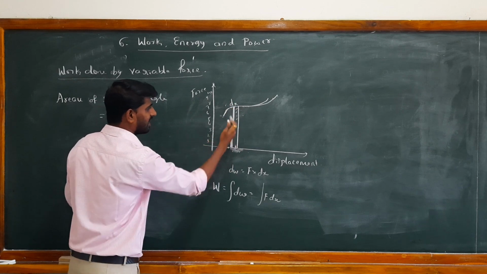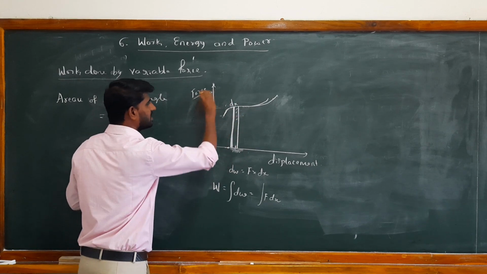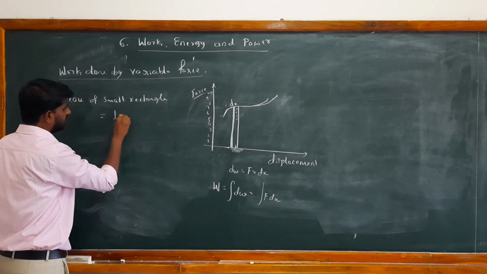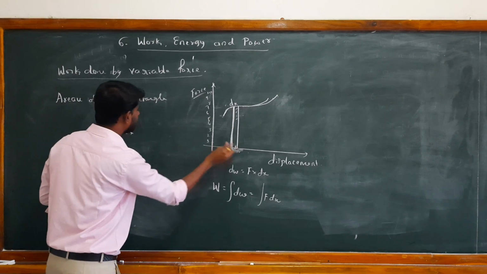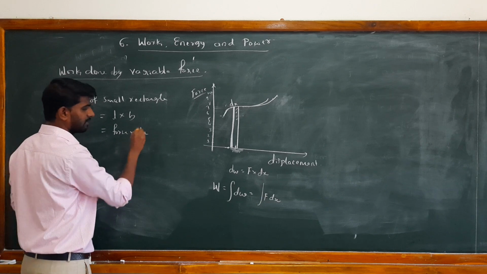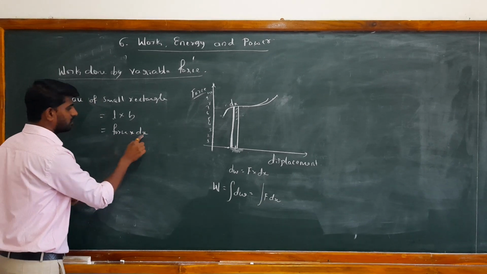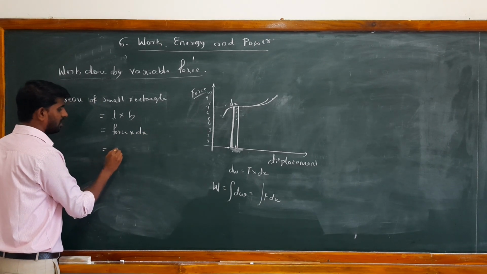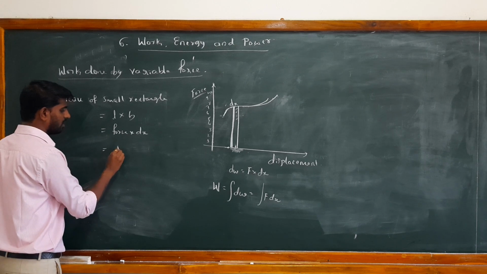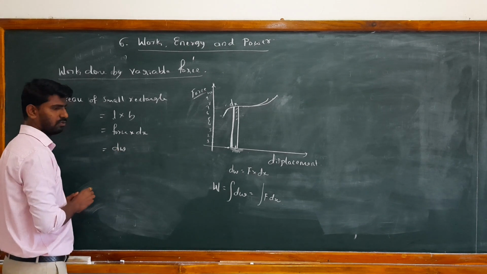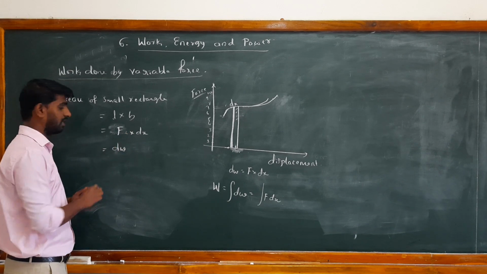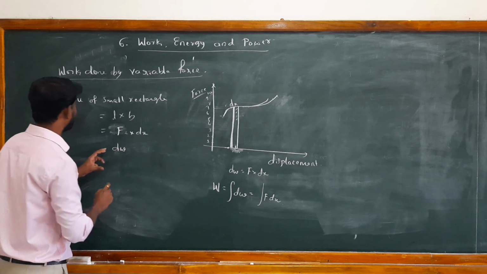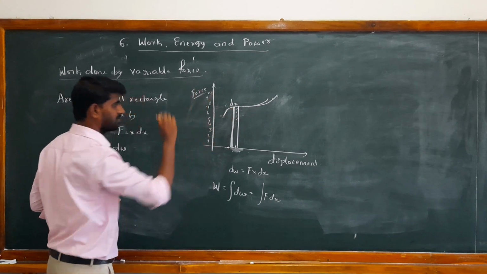Length is along the y axis, so that is force, and the breadth is the displacement dx. Force into displacement is called the small work done, dW. This is the work done in such a small displacement.